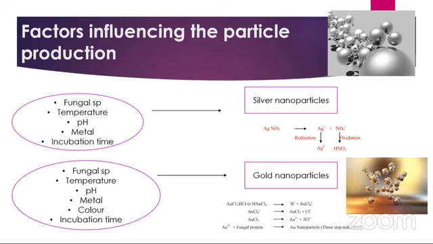On the right side you can see the reaction: when gold trichloride is dissolved in water, the reaction occurs on the mycelia of fungi, which contain proteins. It requires 3 electrons, and reduction occurs in 3 steps, which is depicted here.